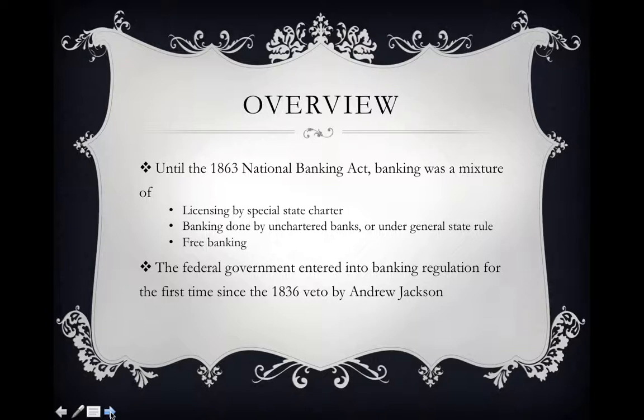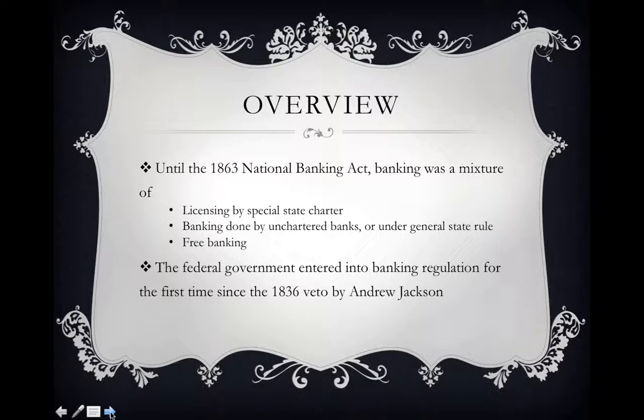So you had to have a legislature pass a law creating a charter for that particular bank. You could have unchartered banks. So realize that you have chartering of banks, you have unchartered banks. Also, the fact that there is free banking that existed. And as I told you previously, that was banking where the regulation of banking was very minimal.